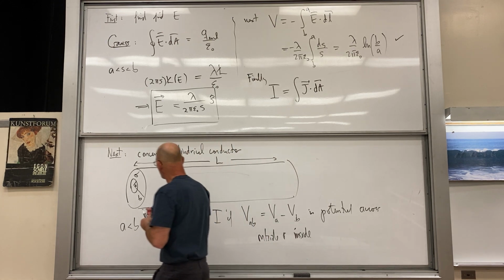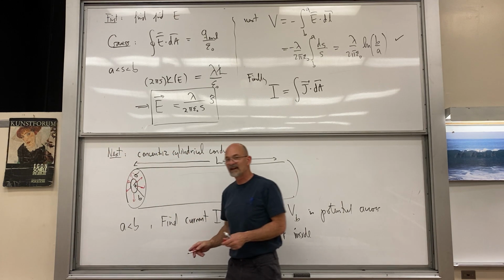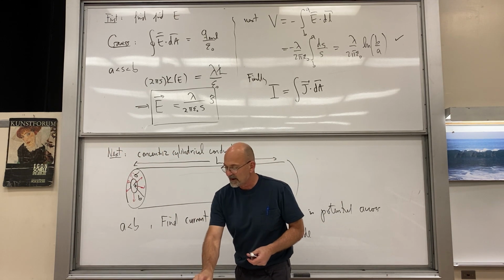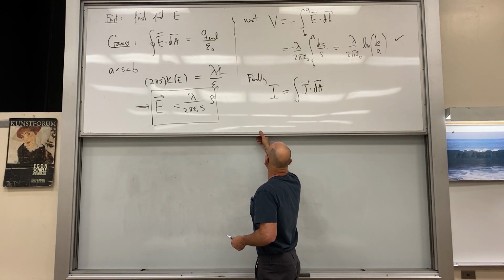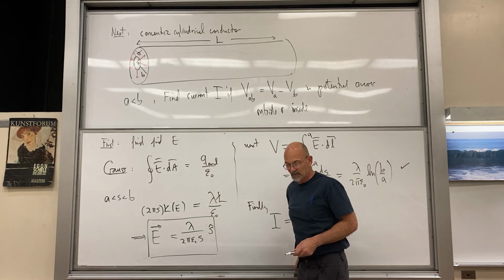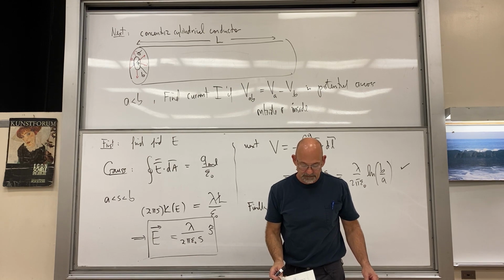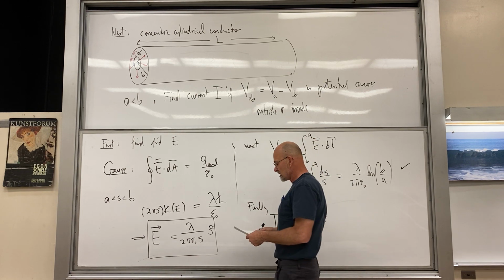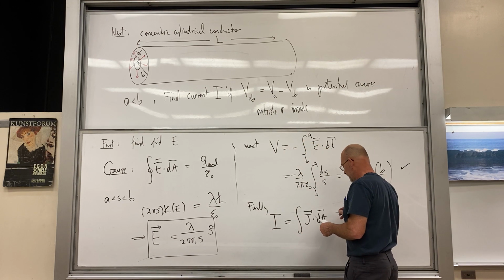We're talking about the current flowing radially from the inside to the outside, just to remind us of that. So, where are we here? Yes, we want that J dot dA.